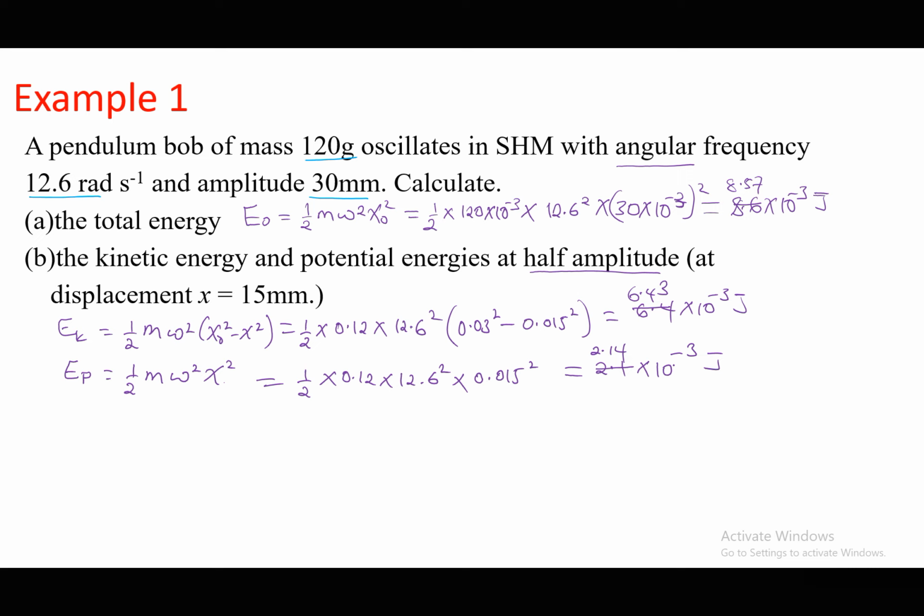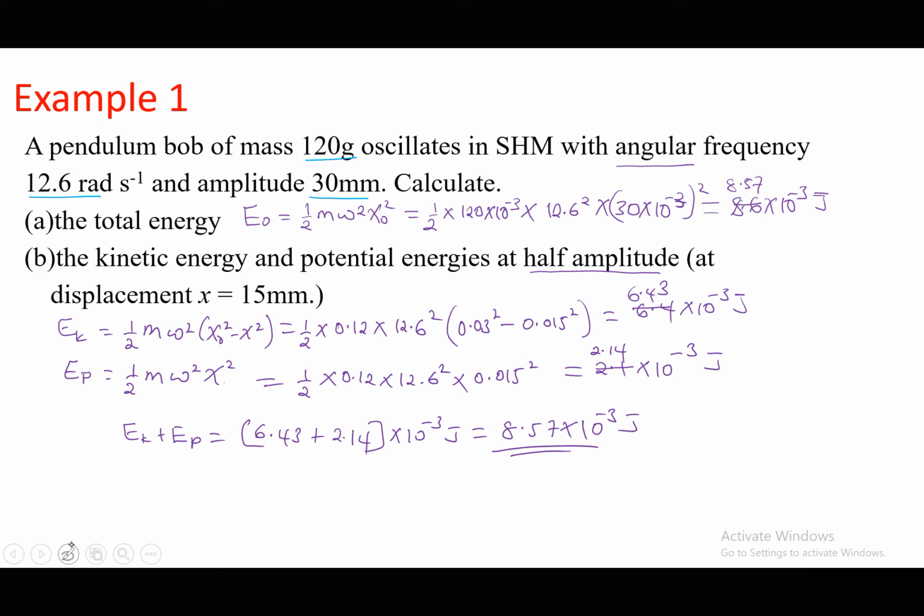Okay, so we shall notice that if we were to add kinetic energy plus potential energy, we will get 6.43 plus 2.14 times 10 to the power of minus 3 joules. And this is the same as 8.57 times 10 to the power of minus 3 joules. So the sum of potential and kinetic is always going to be equal to the total energy.